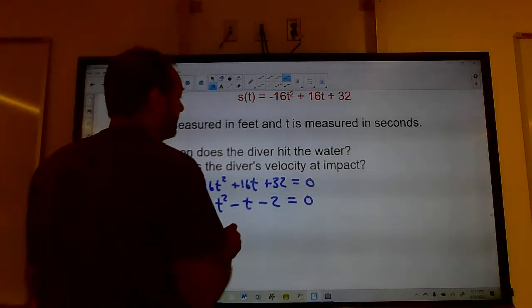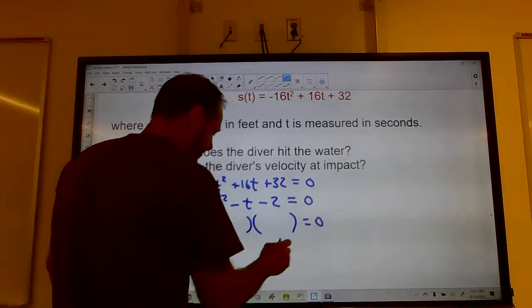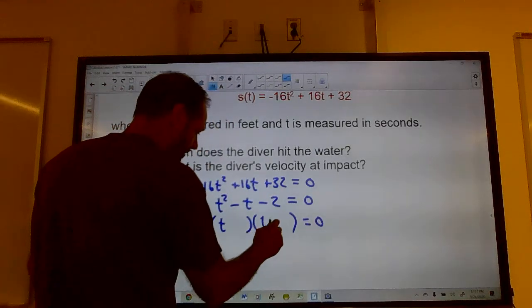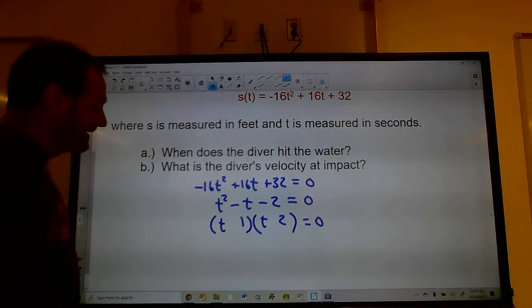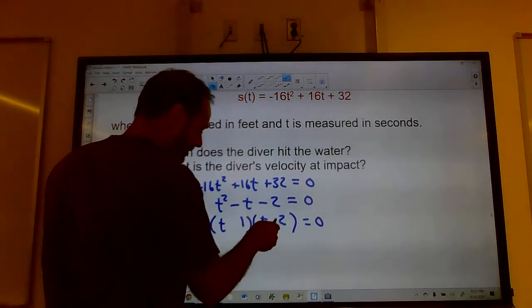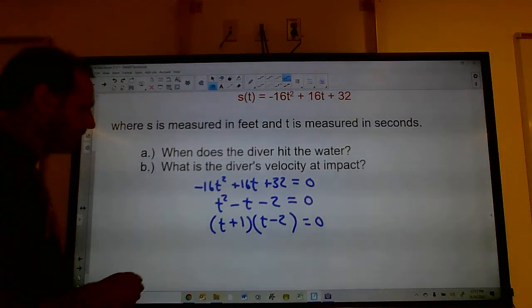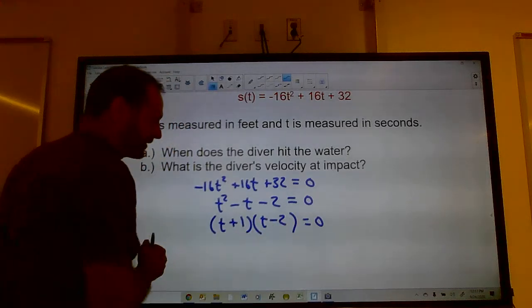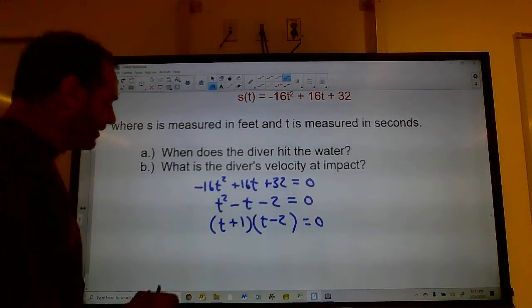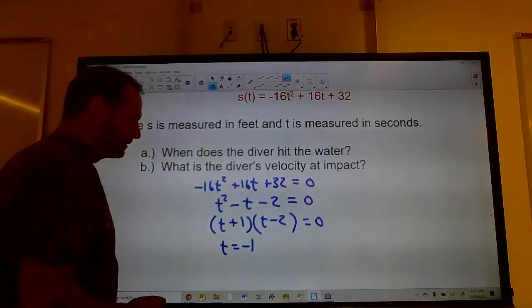And you could factor this thing. So I put a t here and a t here. My factors of 2 are 2 and 1. I want to make negative 1 here, so I'm going to go negative 2 and plus 1. Now this tells me I got two numbers that I'm multiplying together to get 0. That means one of them has to be 0. So t plus 1 is 0, which would mean t would be negative 1.